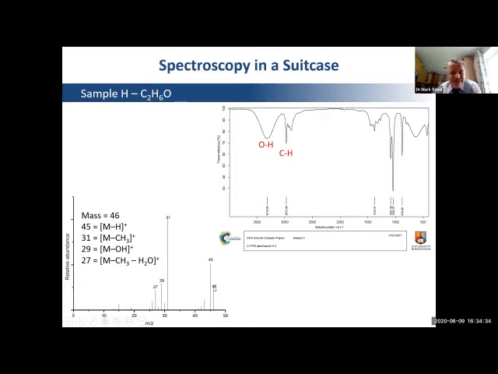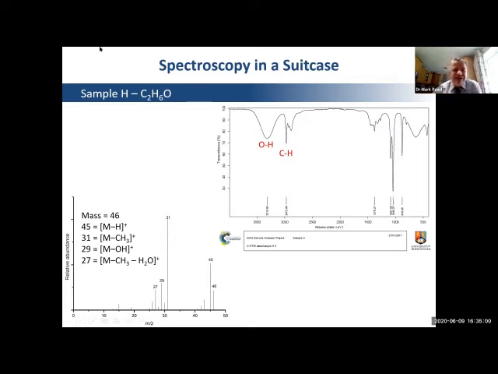Does the mass of this molecular ion match the mass of this empirical formula? If it does, then this is your molecular formula. If it doesn't, you need to ratio the mass of that formula until it matches your molecular ion. Once you've done that, you know exactly how many carbon, hydrogen, and oxygen are in your molecule. You then have to try and work out how they're arranged.